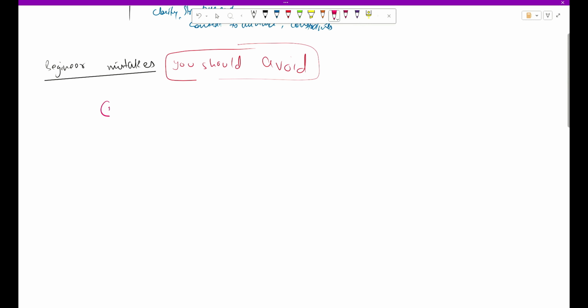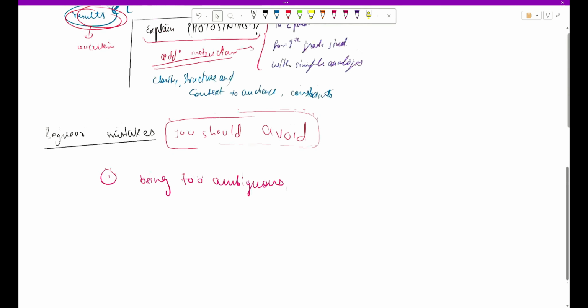First is being too ambiguous. What I mean by this is if an AI has to guess your intention, the output will become unpredictable. The same thing I told you here.